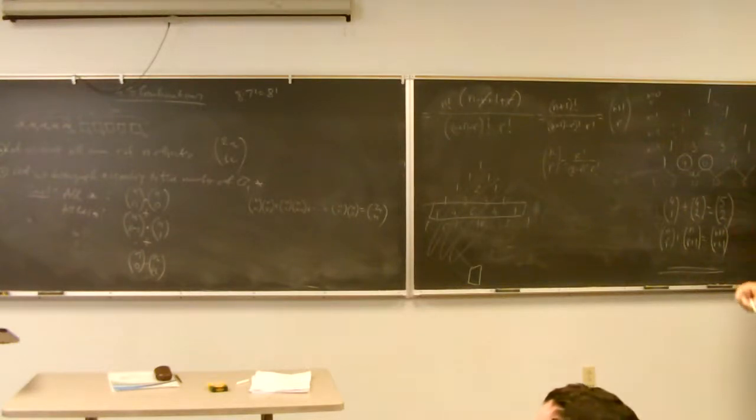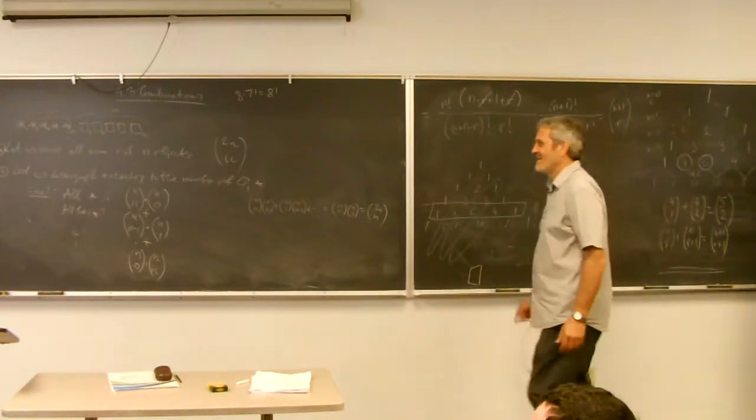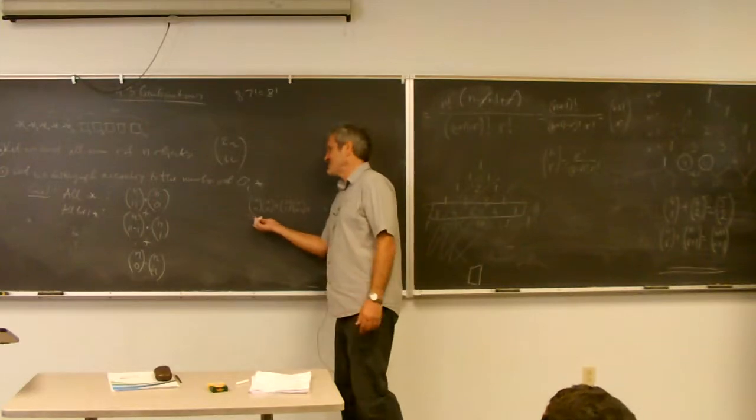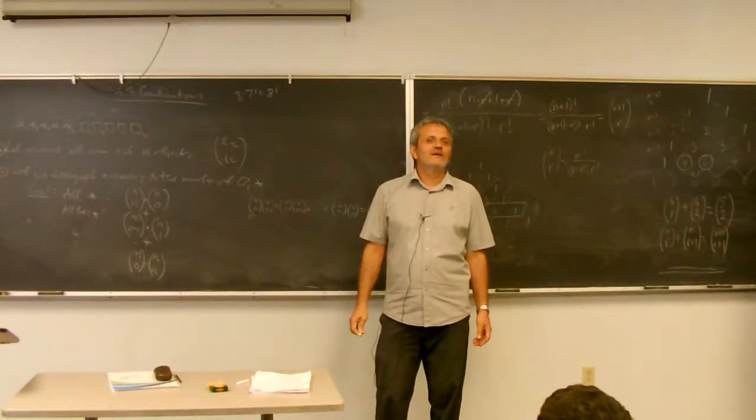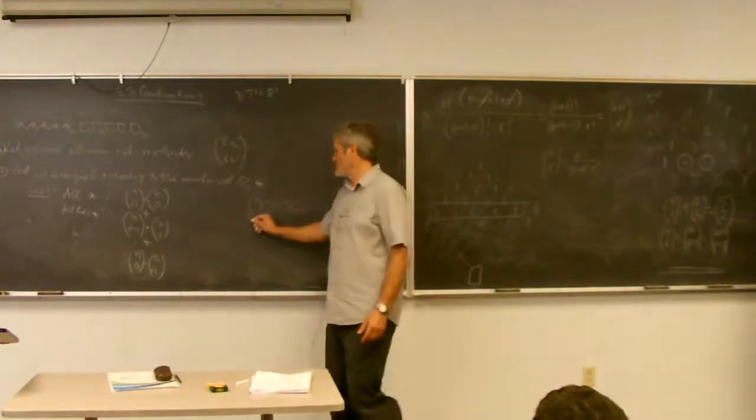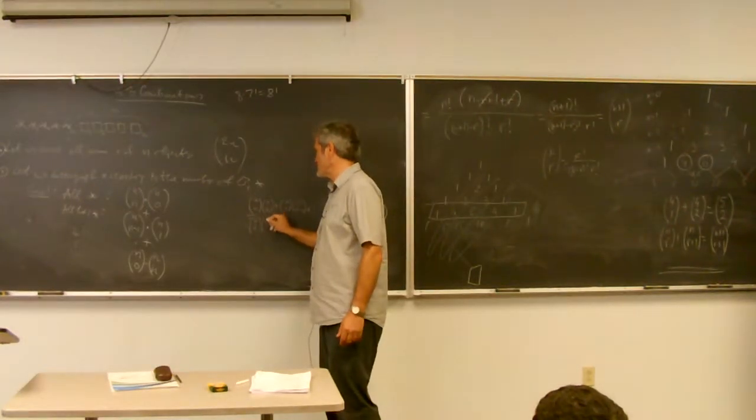Unfortunately, that's not what we needed to prove. I need squares. Can I trade this n choose n for n choose 0? Because of the symmetry.